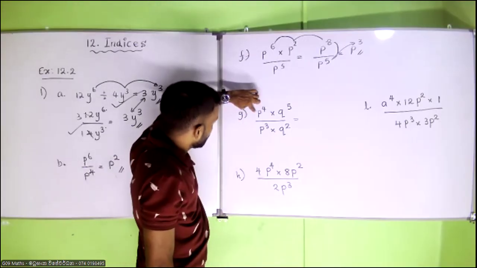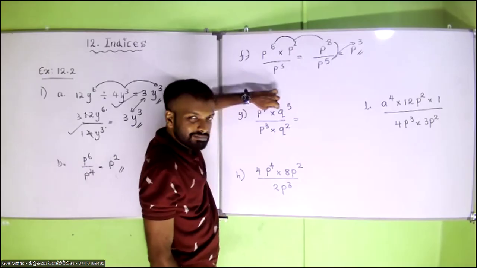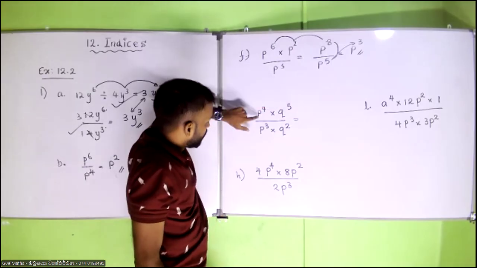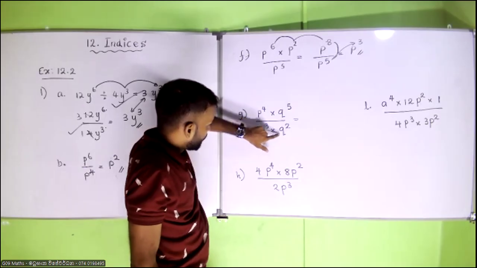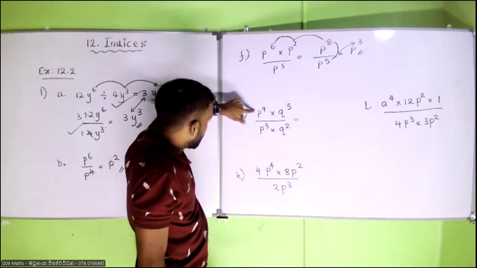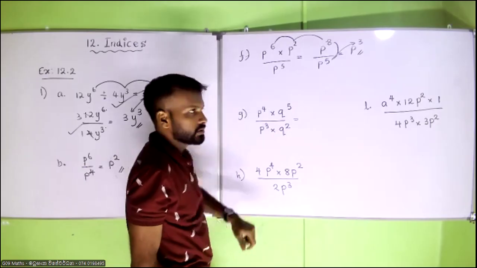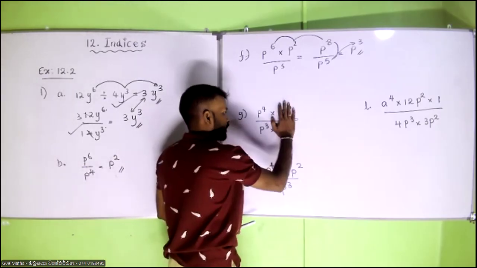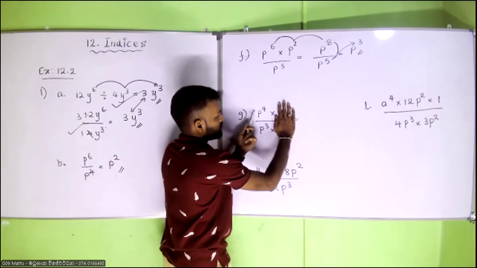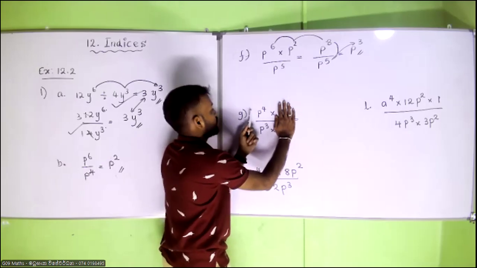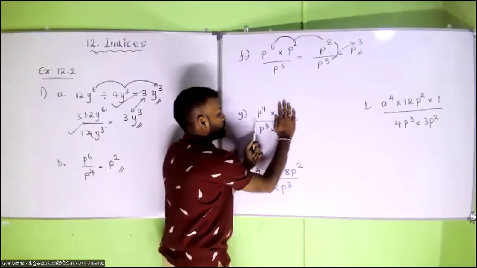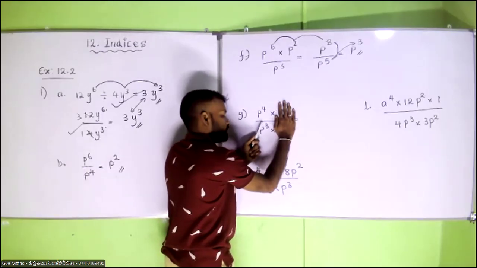So you have to think banana, apple, right? Banana here, apple here, apple here. Very easy, right? For a moment, forget this part. Now, what is this? Banana to the power 4, banana to the power 3.